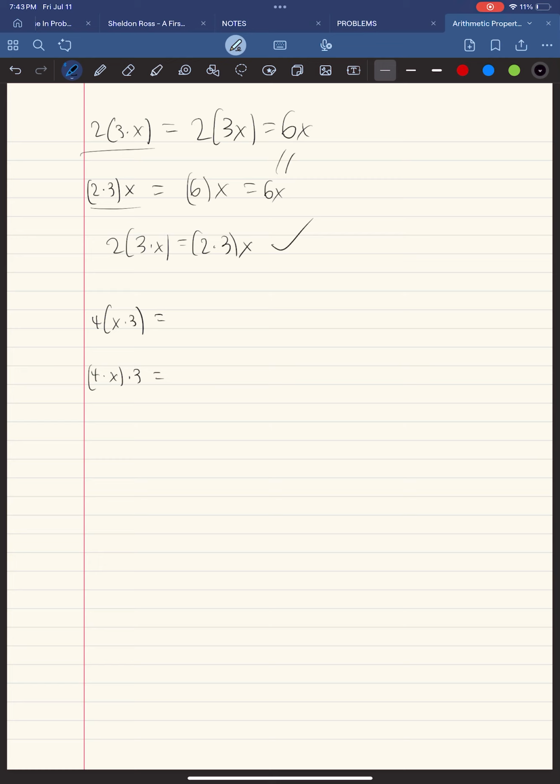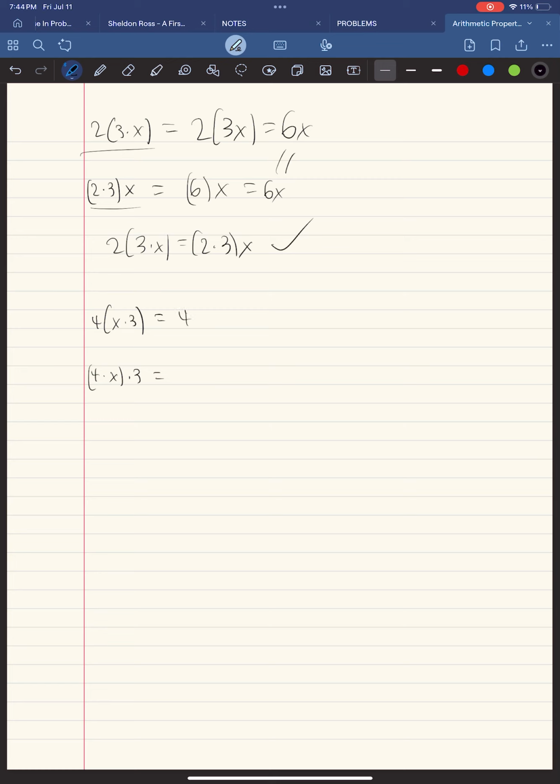Lovely. Now going back to this example, we can reorder some things too, which will be explained in the next part of the video. But let's see, what do we got here? We have 4 times x times 3, where x times 3 is in parentheses.